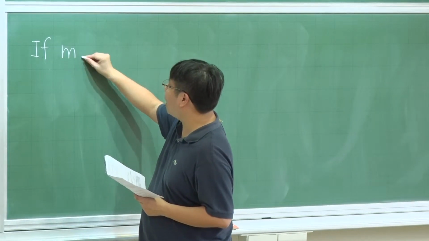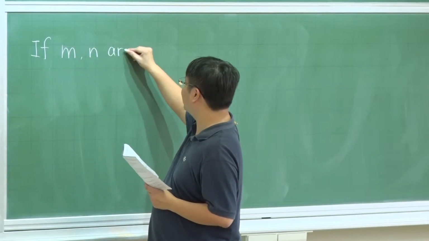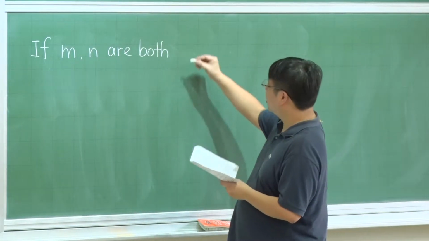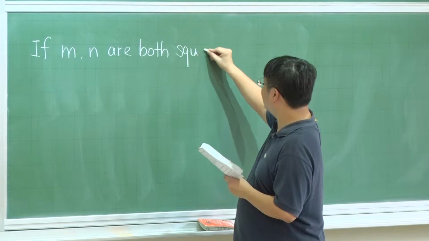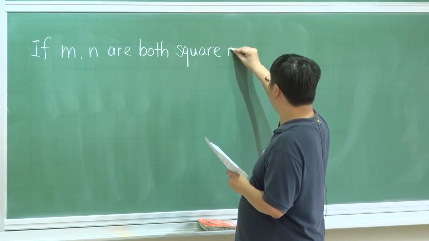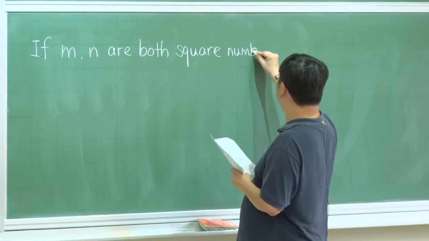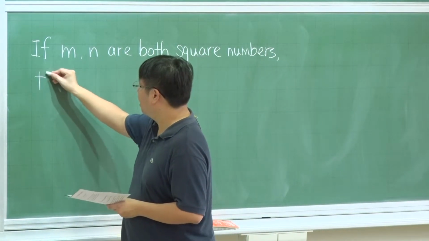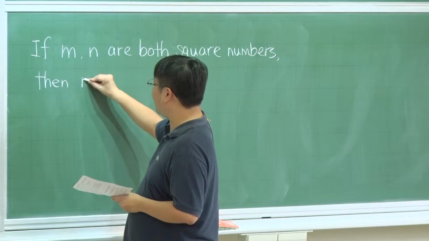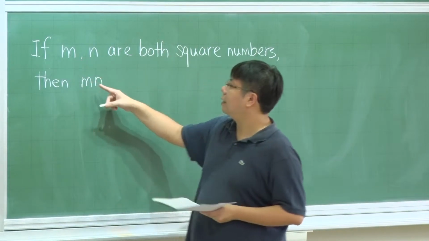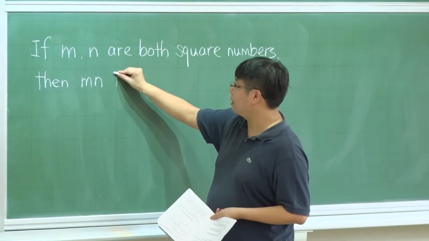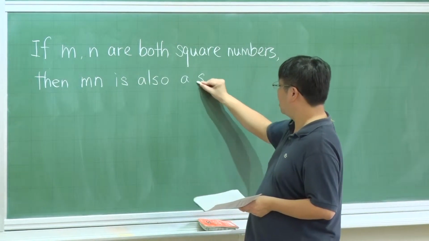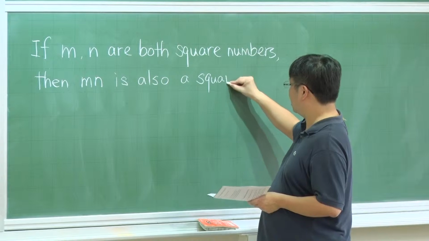If this time m and n are both perfect squares, then m times n is also a square number.